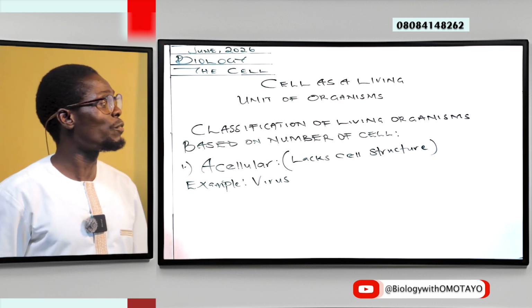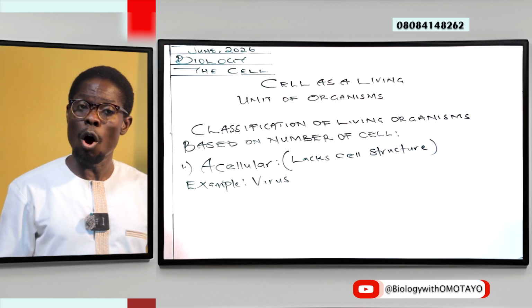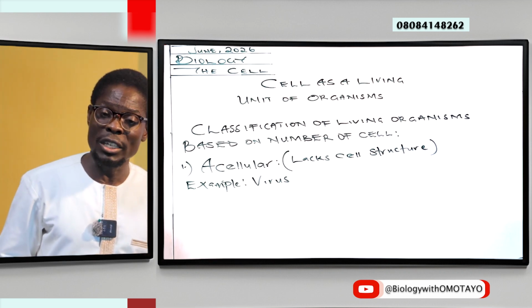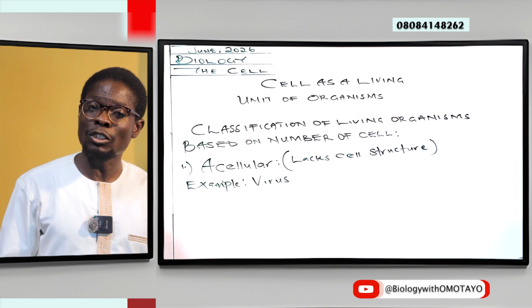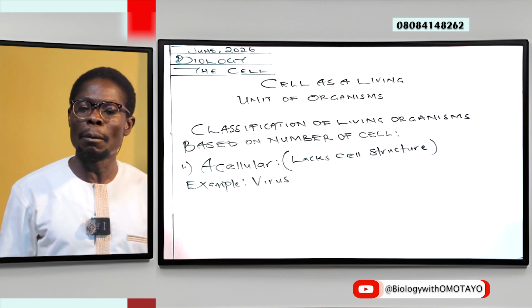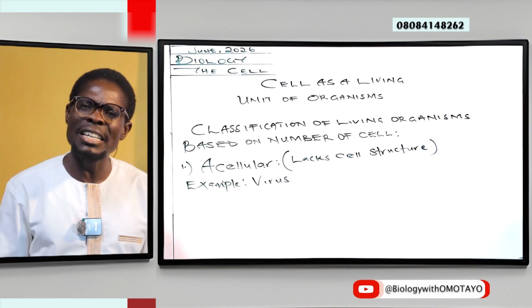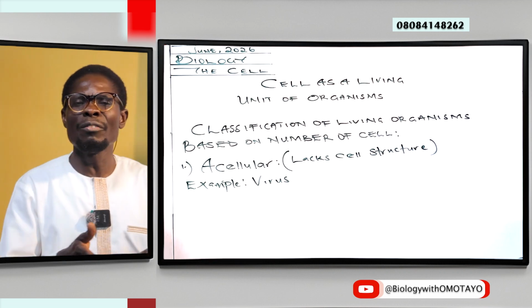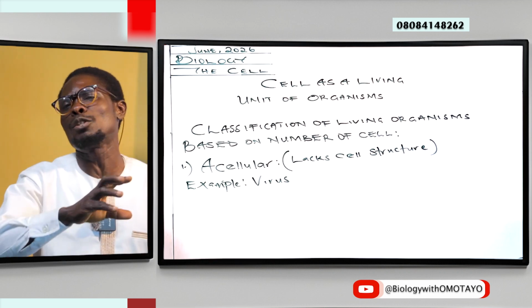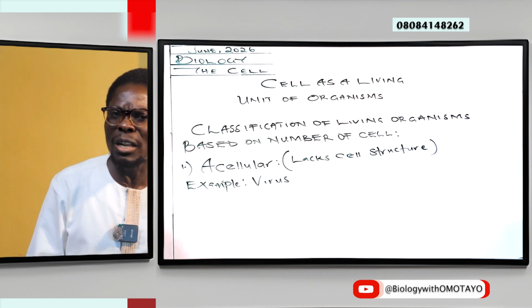No wonder this viral particle, or virion or virus as we call it, is always referred to as the bridge between the living and the dead. It has characteristics of both living and non-living things. So it is somewhere in between. It is not at a cellular level.